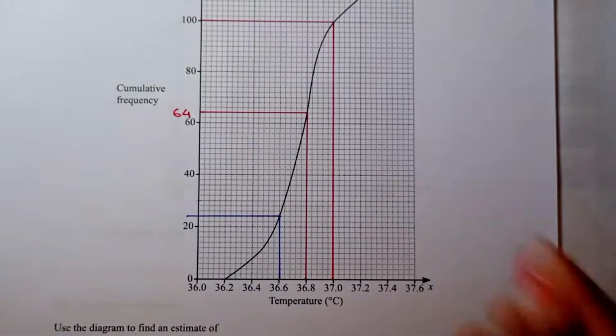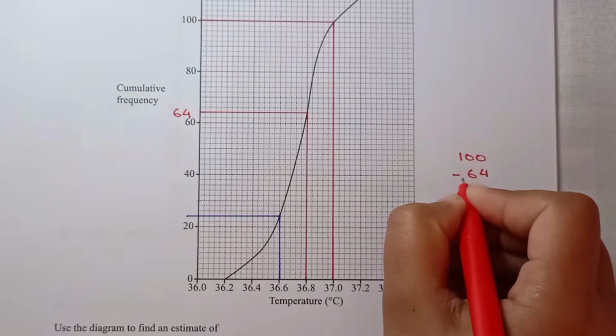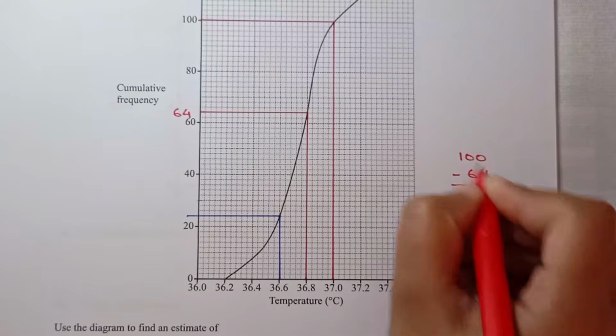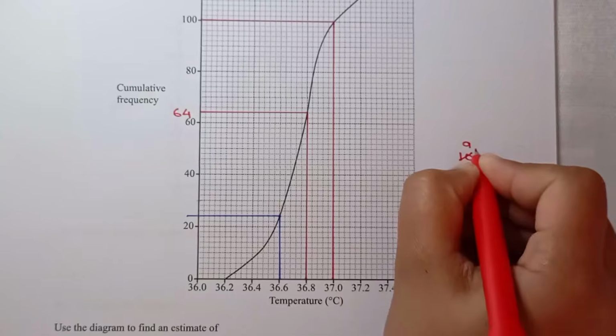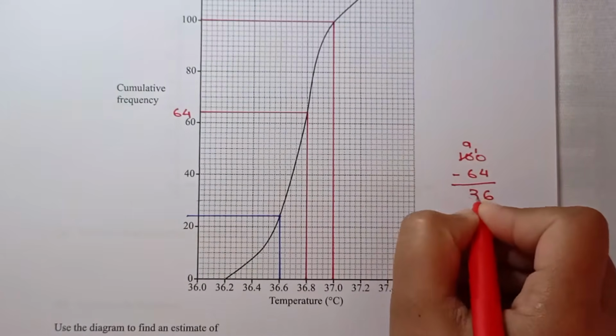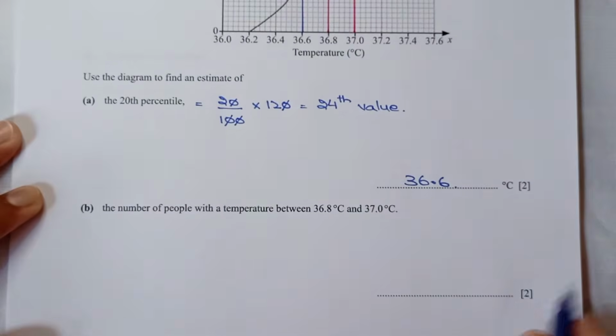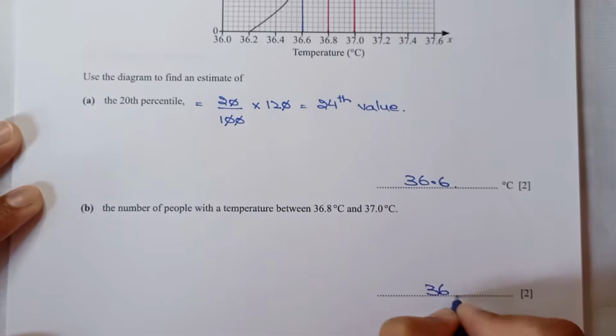So 100 subtract 64. So this would be, we have 9 over here and 10. 10 minus 4 is 6 and 9 minus 6 is 3. So 36 people.